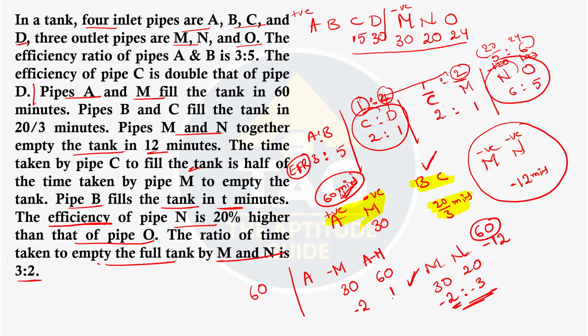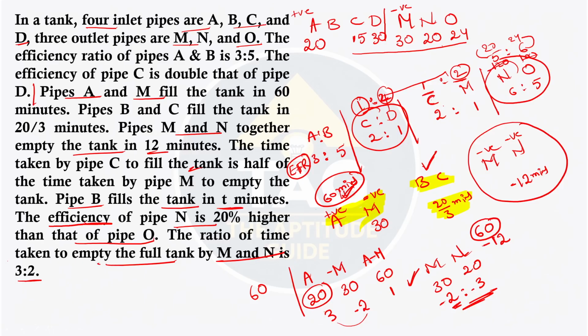A and M together it's +1. M is doing a negative work and it's -2. So what should be the efficiency of A? The sum of these two should give you 1. So it's 3. So A works 3 units per minute. So A can fill the tank in 20 minutes.